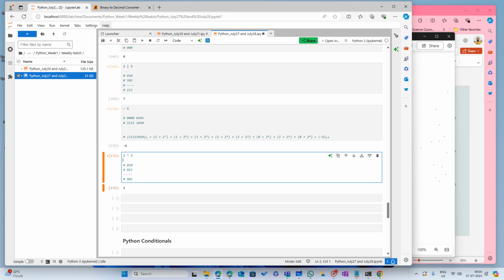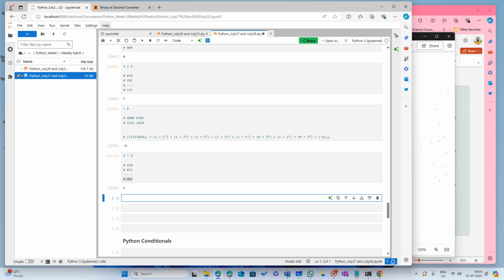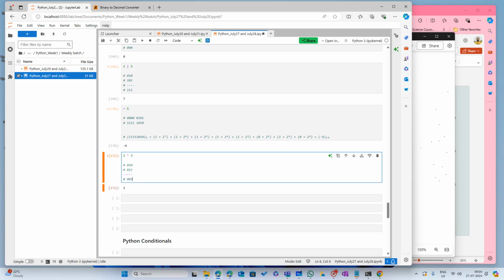That is the explanation. 2 XOR 3 means you'll get 1. Same bit values are taken as 0, different bit values are taken as 1. So that is the difference.